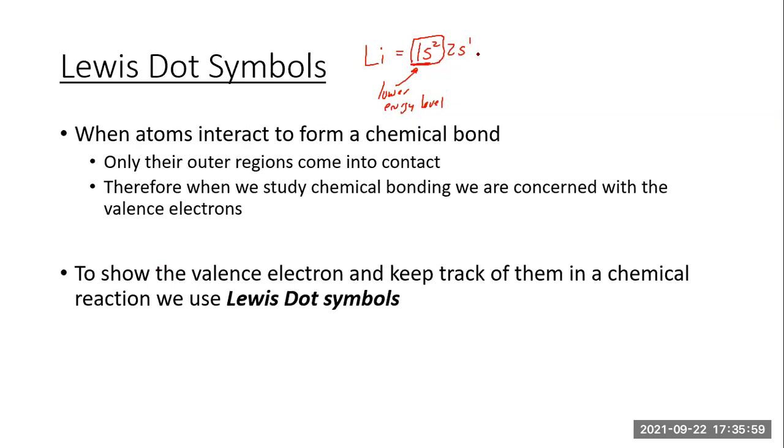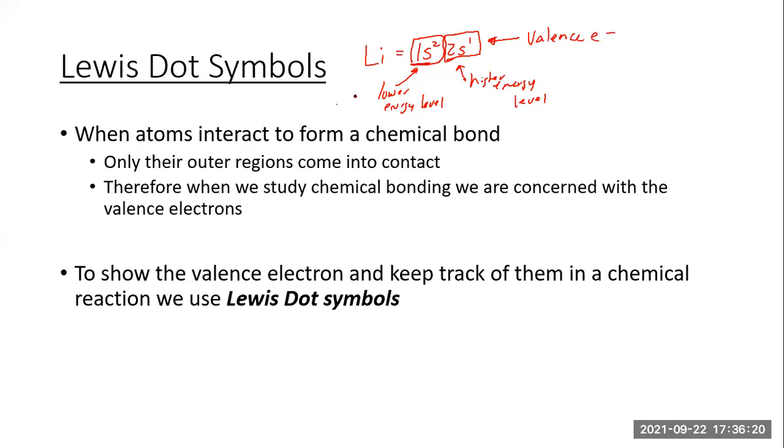It has 1 electron right here in this orbital on a higher energy level. And it is the electrons on the higher energy level which are really involved in bonding. And those, again, are what are referred to as valence electrons.